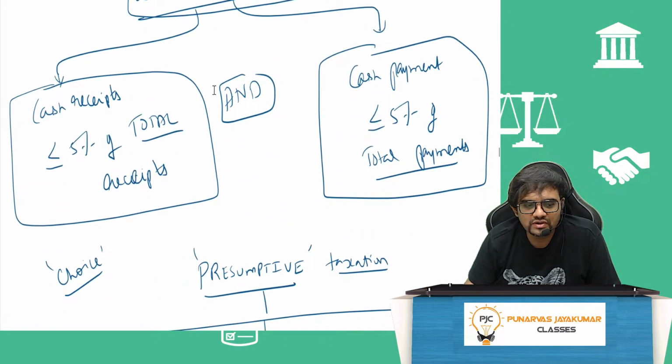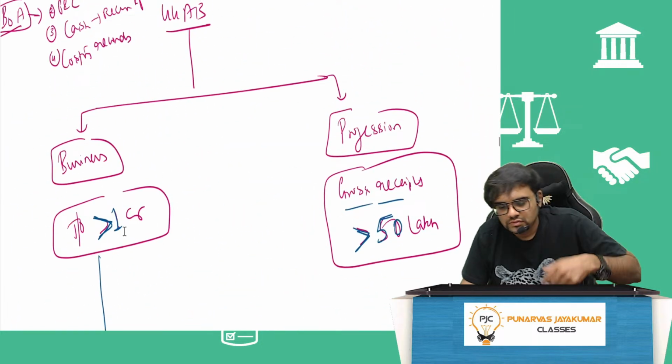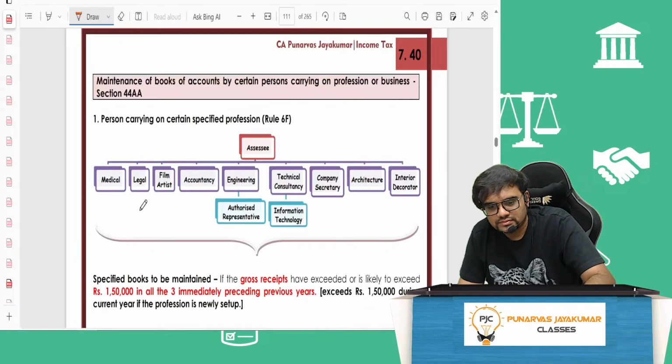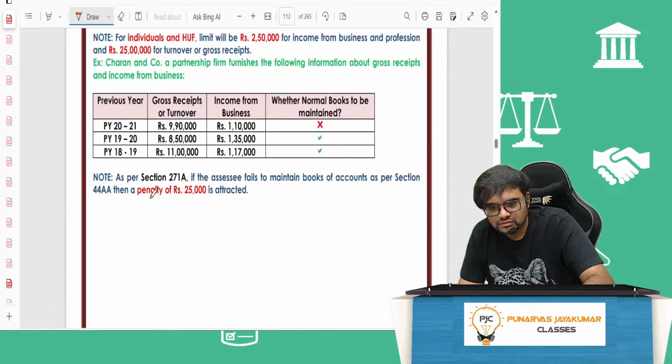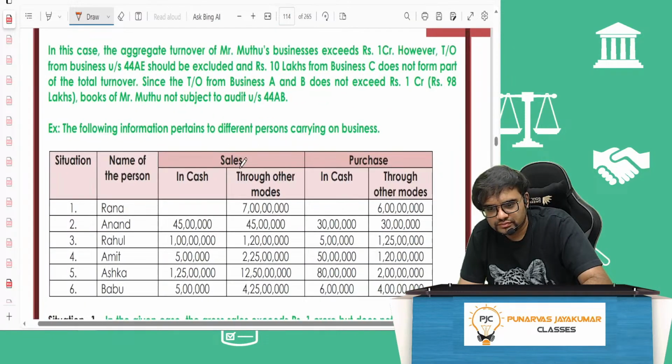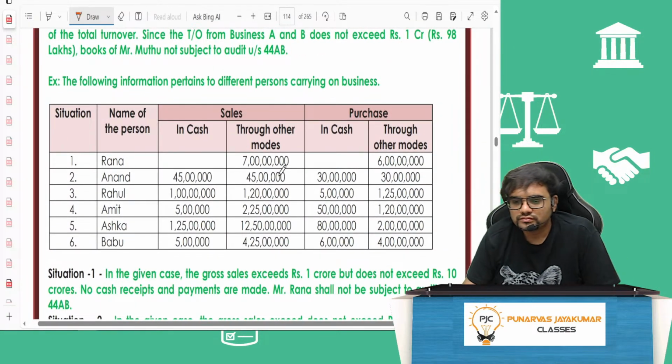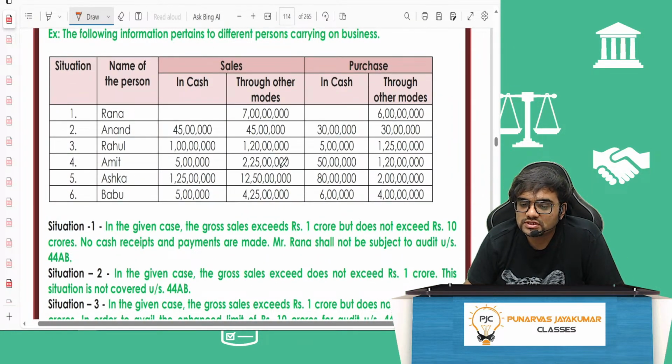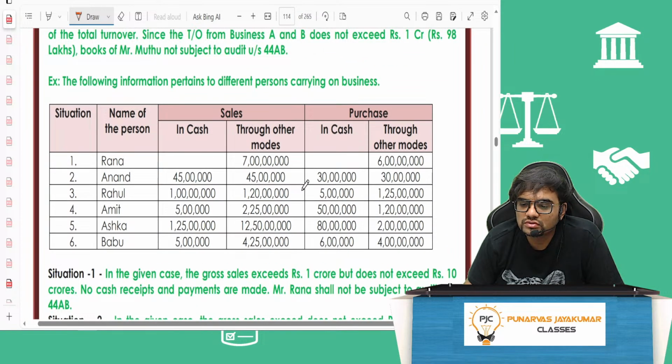Cash receipt should be less than or equal to 5% of total receipts and cash payment less than or equal to 5% of total cash payments. So example: Rana, sales 7 crore, purchases 6 crore.